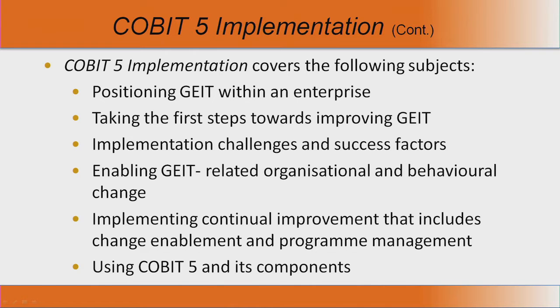Implementation challenges and success factors: it will teach you about the challenges that I have faced when I have tried to implement governance in corporate enterprise IT, and what needs to be done to fine-tune the process. And it enables governance of enterprise IT through organizational and behavioral change.